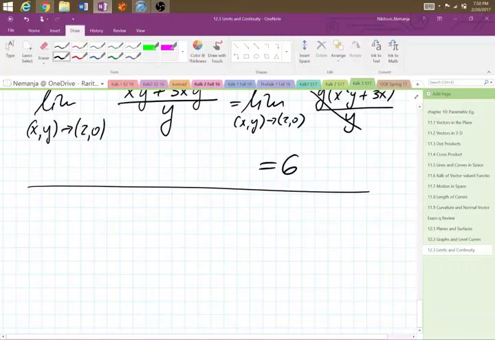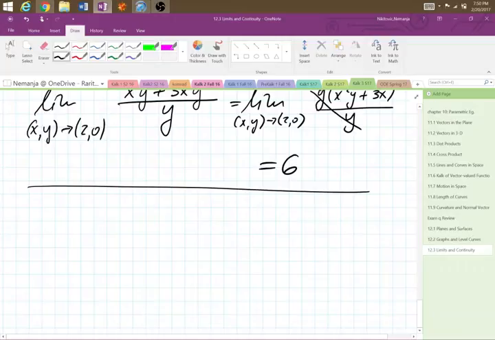But if you have this other situation, with the function upside down, x minus 5 over x squared minus 25, and x goes to 5.